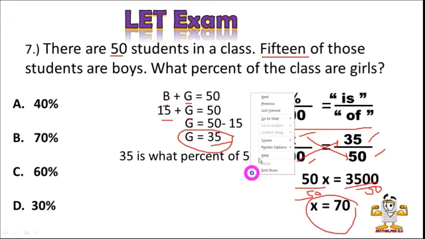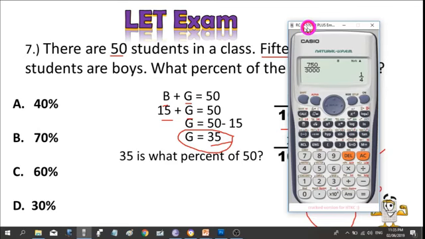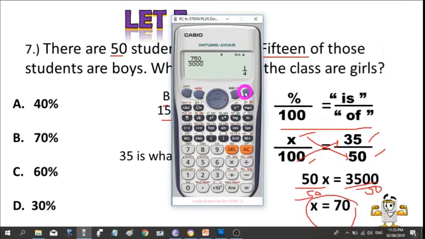So using calculators, dahil allowed naman po tayo gagamit ng calculators, so pwede natin i-input yung problem, yung percent proportion natin. So alpha x over 100 equals 35 over 50.